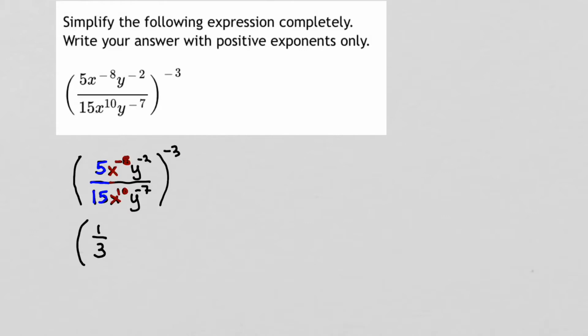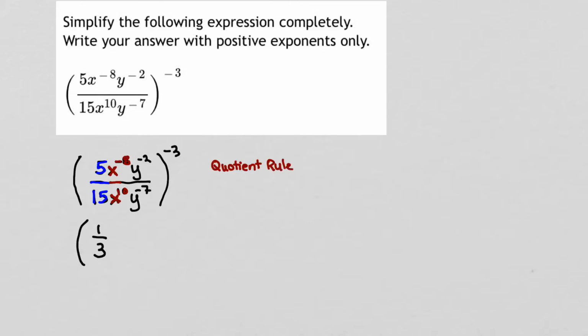That is, we have a quotient of two bases that are alike. And so the rule that we can use to simplify this kind of expression is what we call the quotient rule. The quotient rule allows us to take like bases in the numerator and denominator and simplify them.